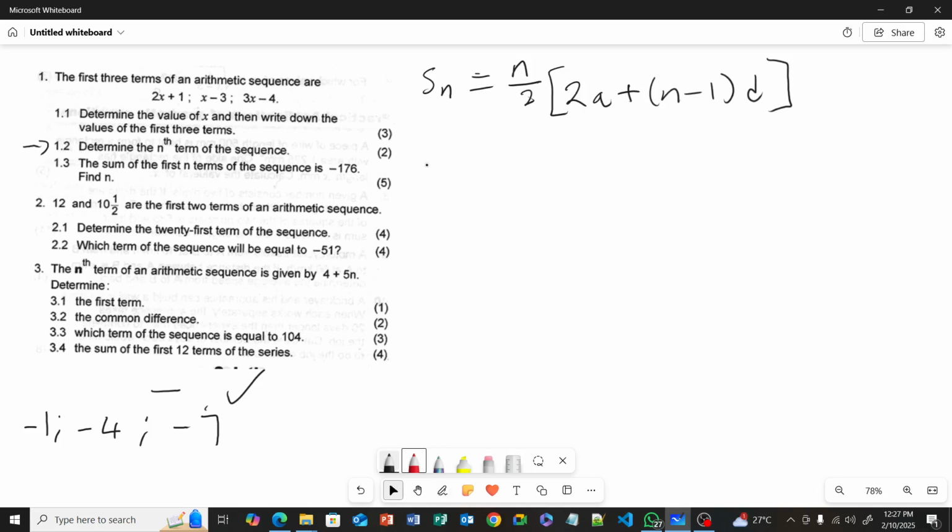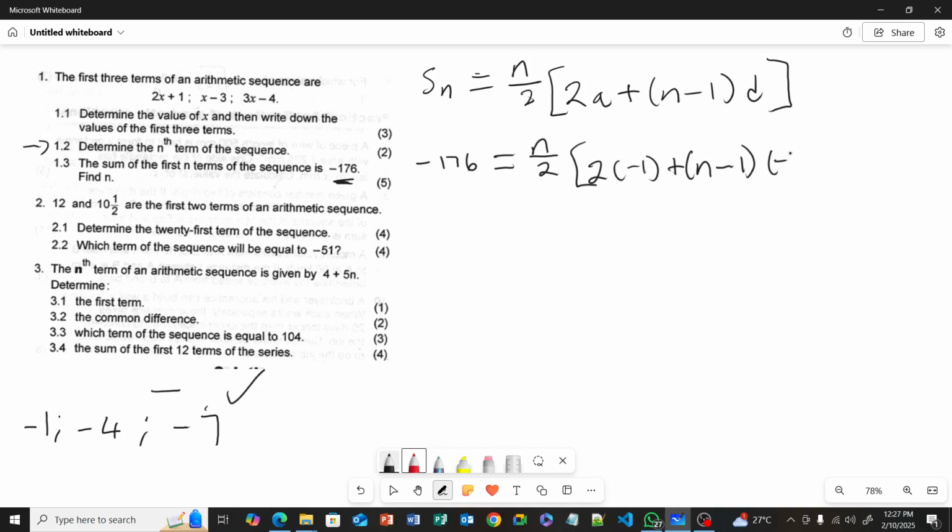Okay, so now Sn, we have the value of the sum of the n terms, which is minus 176, which is equal to n, we don't know how many terms, we are looking for that, over 2 into 2 into minus 1, then we add (n minus 1) multiplied by d. So d is the difference.